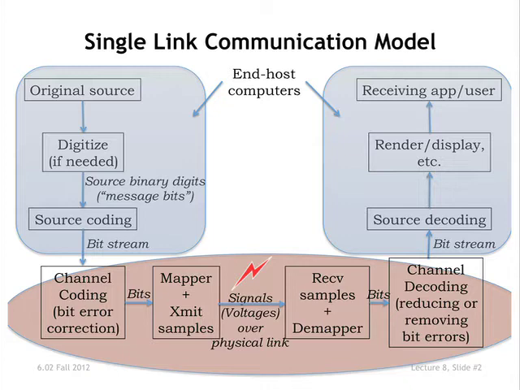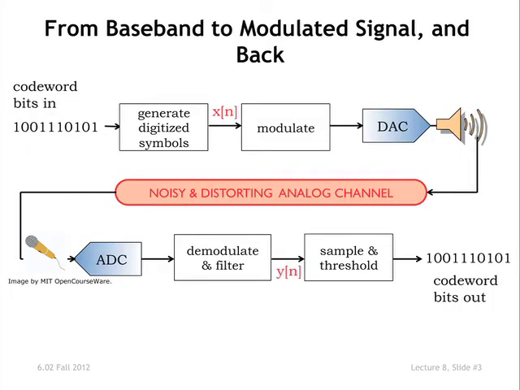I want to describe this in the context of something you're going to be doing in labs 4 through 6. You're actually going to experiment with a specific channel. What you'll have is bits coming in, code words coming in, being translated to signals, in this case discrete time signals, and I'll give you an example shortly of that.